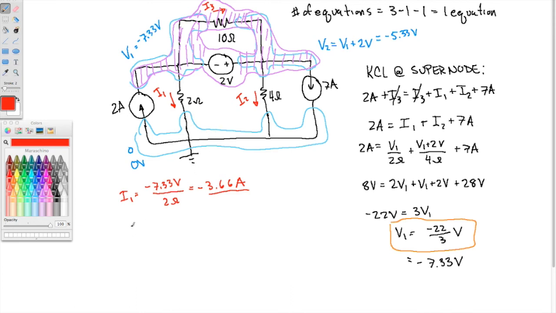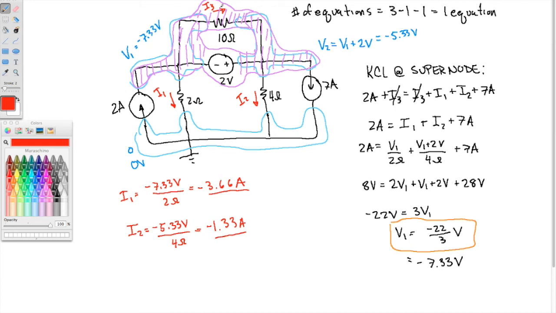The current is in fact going up in that 2 ohm resistor. Okay, if I wanted I2, that would be the voltage here, which is negative 5.33 volts, minus 0 over 4 ohms. Okay, so that is negative 1.33 amps.